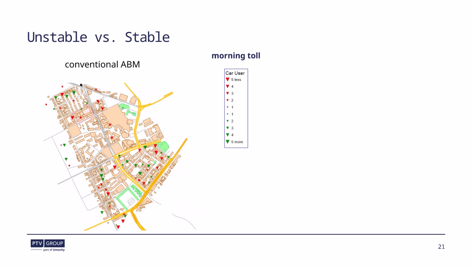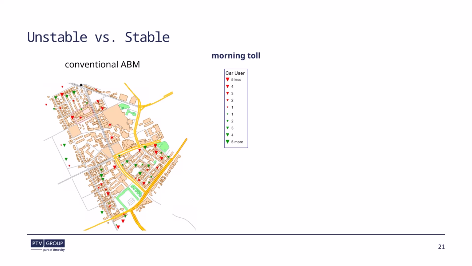Some people choose car, although the costs had increased. And that's a bit weird, isn't it? But this happens because all choices are somehow random. And all in all, if you have a look at the whole situation, maybe there is a certain trend towards less cars or less car use. But for any individual, you can't see a clear picture.